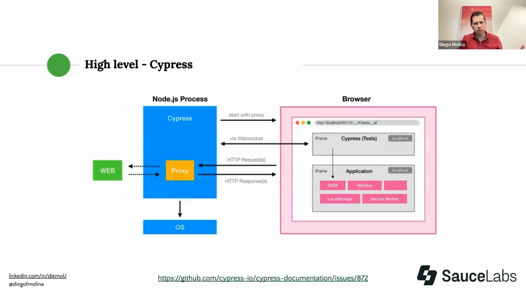So let's talk first about this high-level approach. Perhaps you remember that a moment ago, I was mentioning that this is how Selenium used to work 20 years ago. And let's mention Cypress in this case. The way Cypress works is that when you write your JavaScript test or your TypeScript test, this code gets injected into the browser and everything runs inside it. Browsers have an event loop that is used to execute all the commands that your web application has.